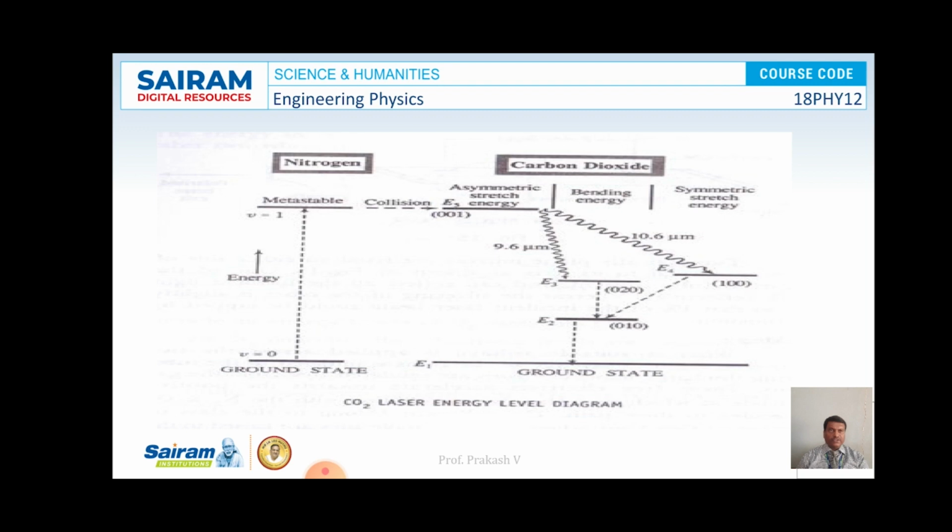Transition from E5 to E4 gives rise to a laser beam of wavelength 10.6 micrometer, and transition from E5 to E3 leads to a laser beam of wavelength 9.6 micrometer. Normally the 10.6 micrometer transition is more intense than the 9.6 micrometer transition, and the power output expected from this laser is found to be 10 kilowatts. So this is the working and energy band diagram of CO2 laser.